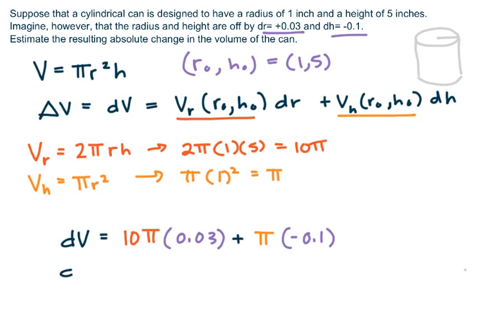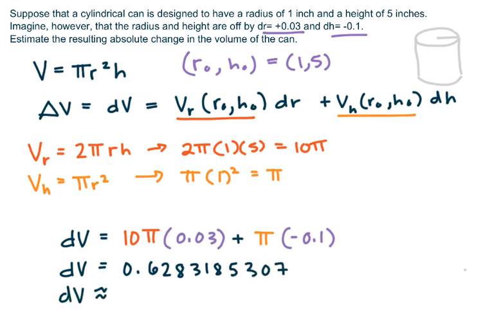And if you type this in your calculator, you get 0.6283185307, or roughly the change in that volume is 0.63 inches cubed.